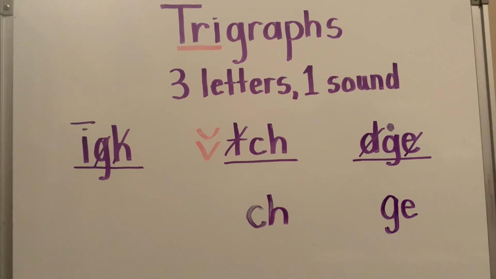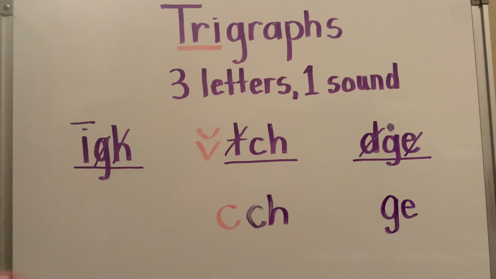TCH. When do we put a CH on the end of a word to make the ch sound? That's right. After a consonant. So I'm going to put a C for consonant, like in the word lunch. That N comes right before the CH.